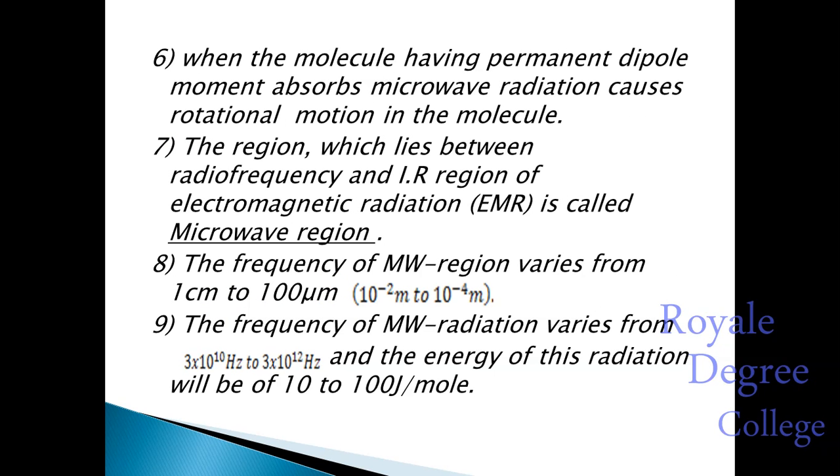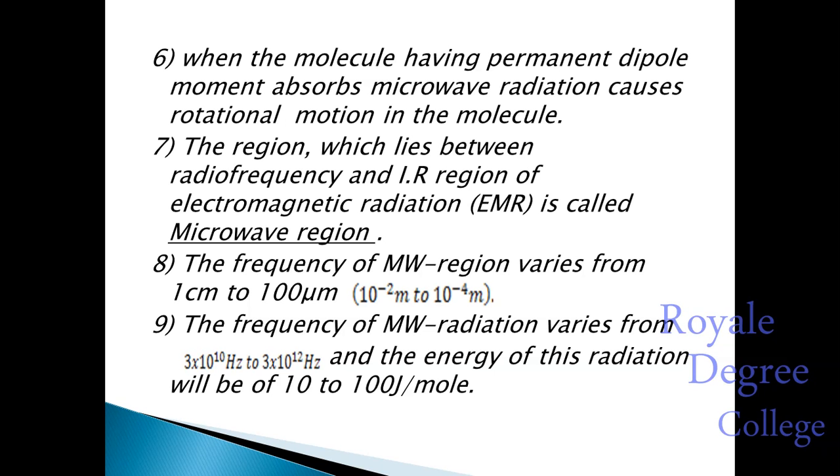When the molecule having permanent dipole moment absorbs microwave radiation, it causes rotational motion in the molecule. The region which lies between radio frequency and infrared region of electromagnetic radiation is called microwave region.